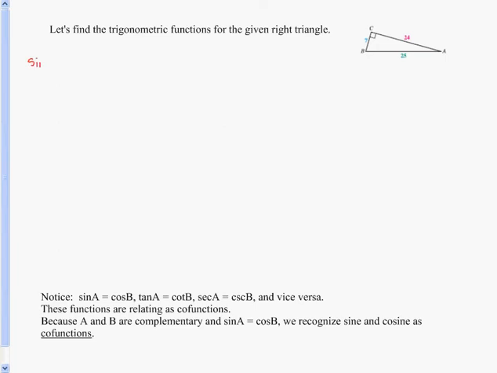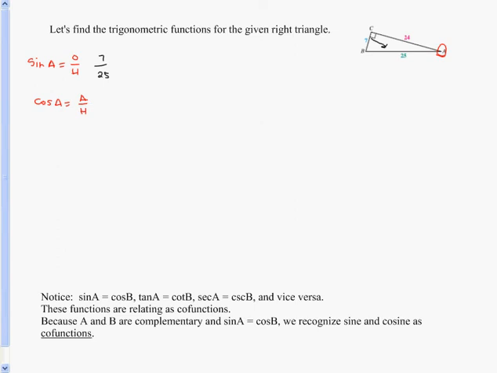So the sine of angle A, here's angle A, would be opposite over hypotenuse. Well, the opposite of angle A is 7. And the hypotenuse in this case is always the number across from the right angle, so it's 25. So sine of angle A is 7 over 25. Cosine of angle A is going to be adjacent over the hypotenuse.